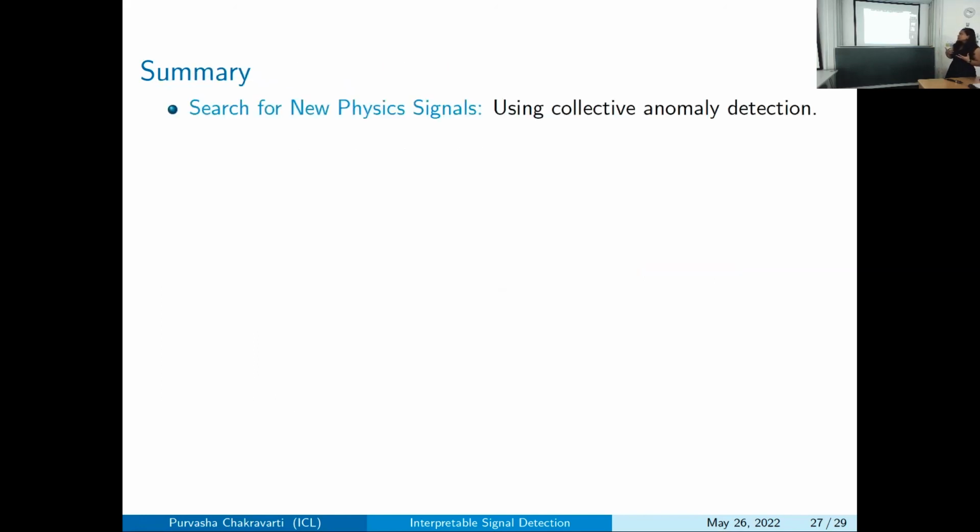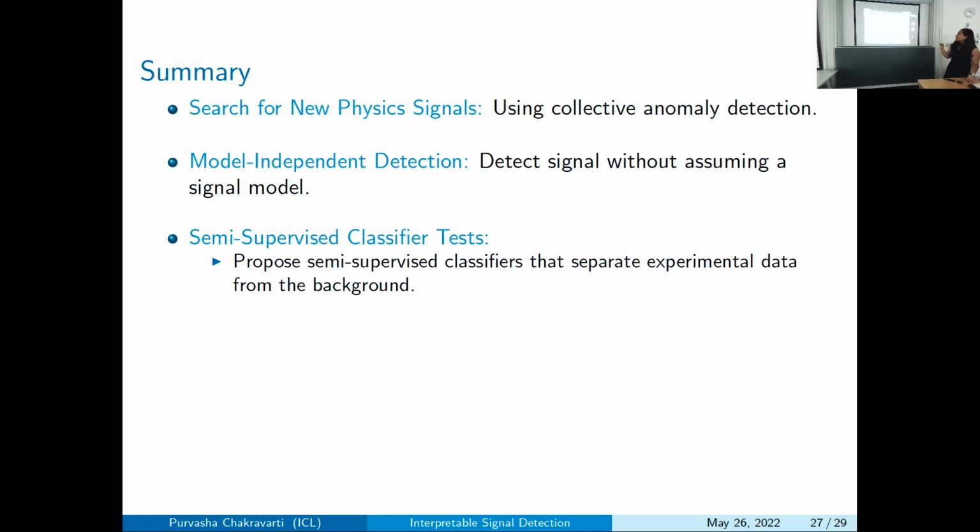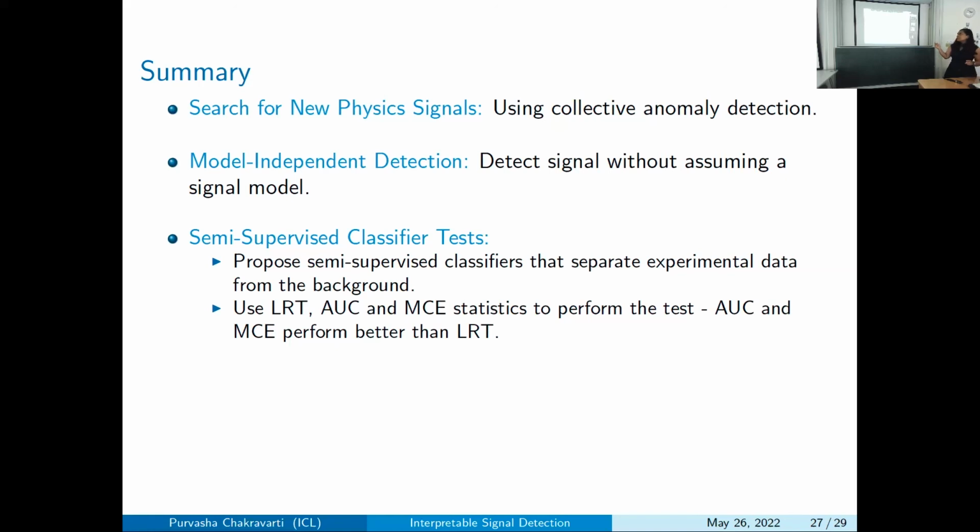I'll just summarize quickly. What we did so far is I showed you how you can search for new physics signal using this sort of collective anomaly detection algorithm. And we are detecting this signal in a model independent way. We use these classifiers to find differences between experimental data and background data, and we use test statistics, which are functions of this classifier output.